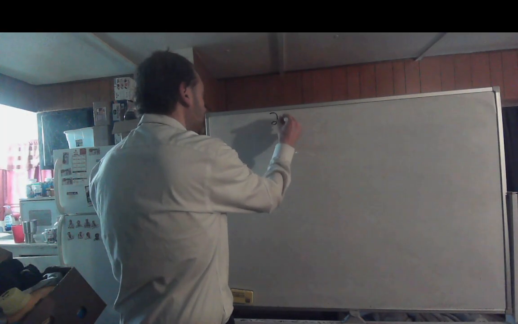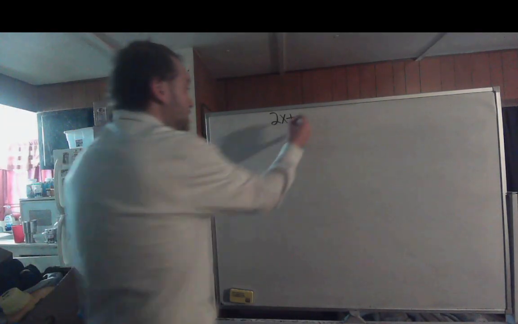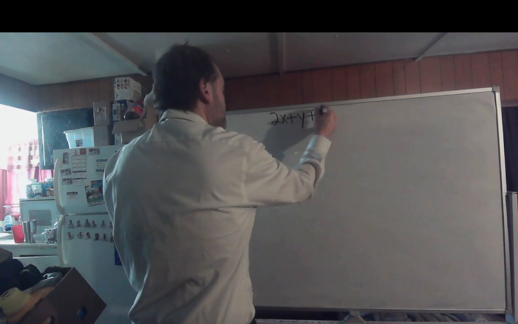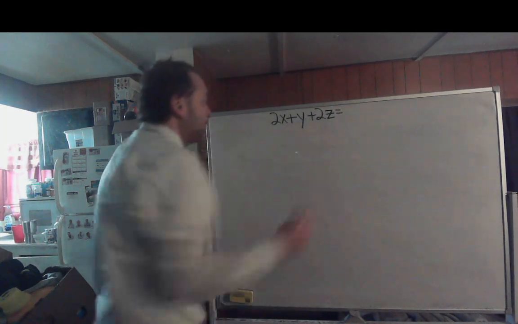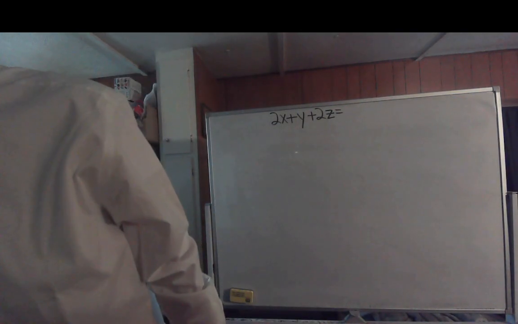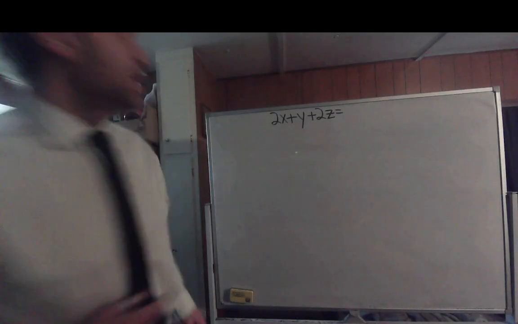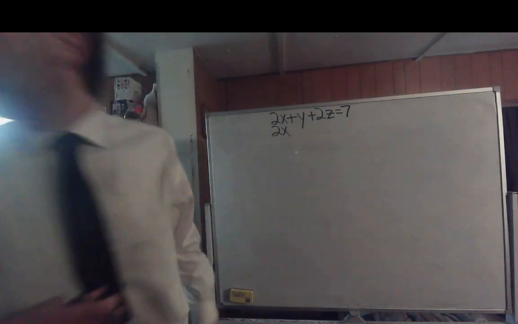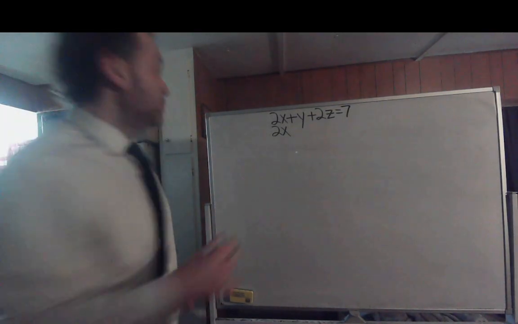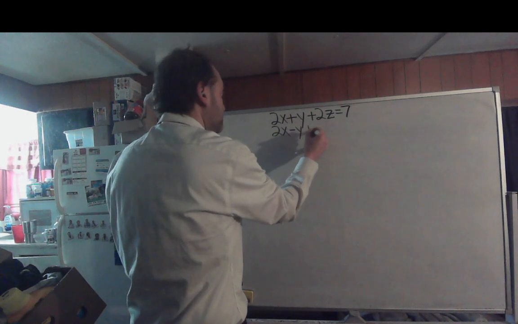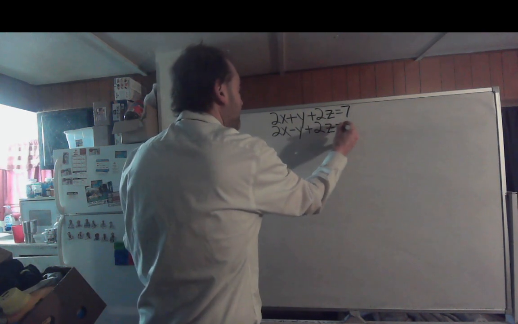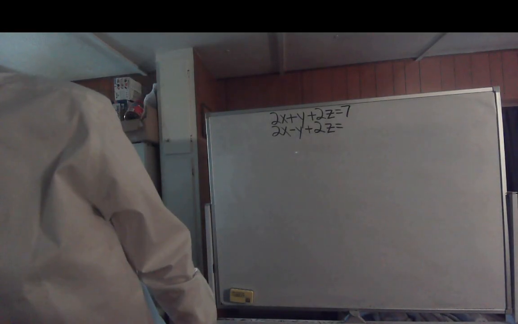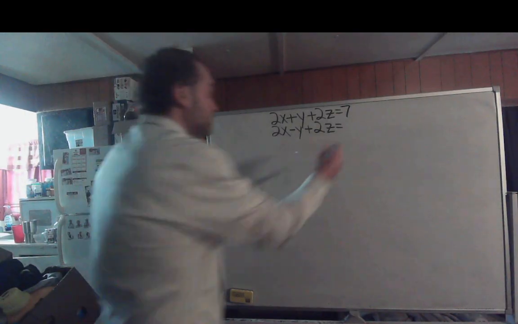So we have 2x plus y plus 2z equals 7. Then we have 2x minus y plus 2z is equal to 1.